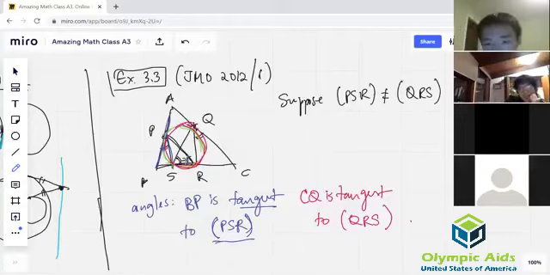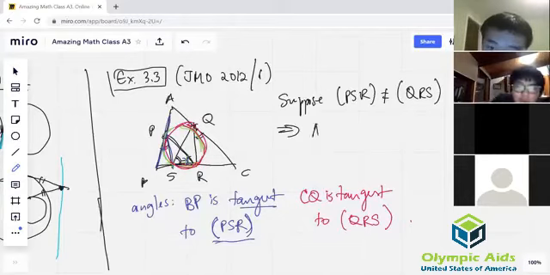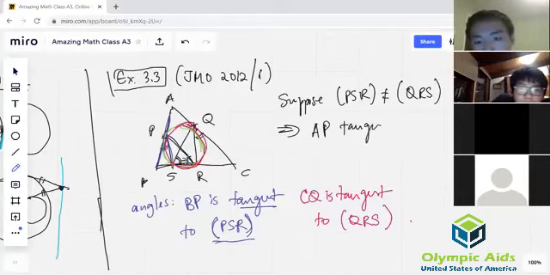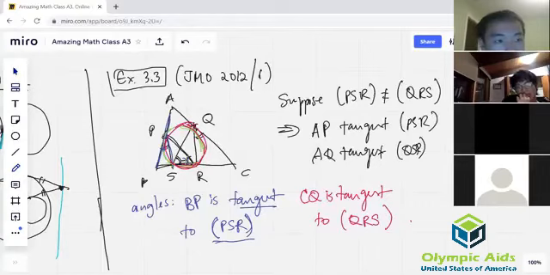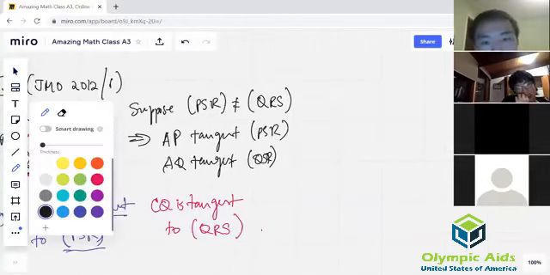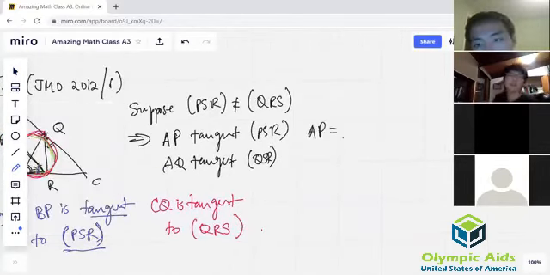Okay? What do we know? We know that AP is tangent. We know BP is the same line as AP. We know AP is tangent to PSR. We know that AQ is tangent to QSR. We also know that AP equals AQ.